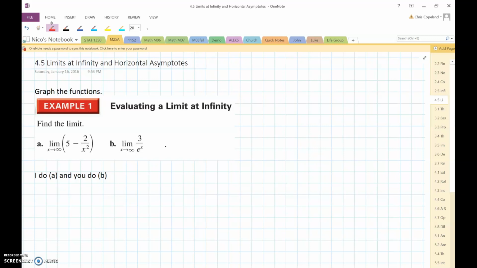So first of all, we're going to try to graph the function 5 minus 2 over x squared.